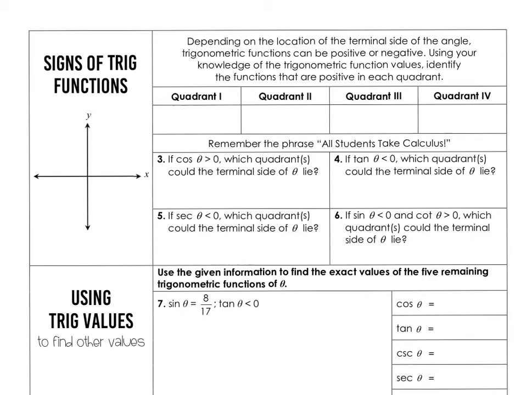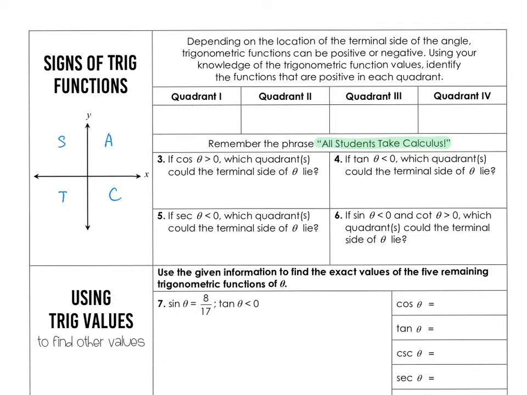Now, let's study the sign of trig functions. And before we do that, I want you to remember this: all students take calculus, which is a very famous line in pre-calc. Every teacher uses it. I love it.